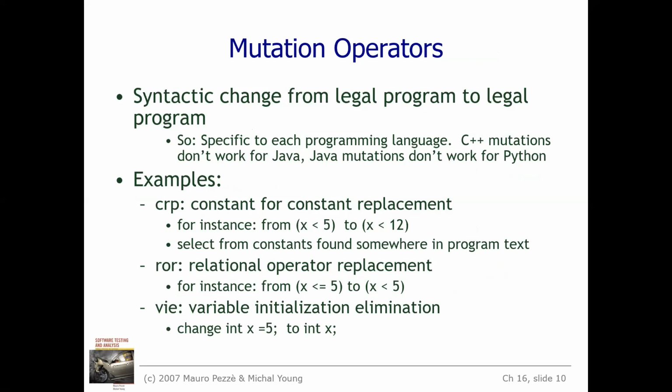Next, they talk about mutation operators. Normally, your mutation will differ based on the programming language you are using. If you are changing a mutation for C++, that is applicable only to C++ programs; your application should be written in C++ only.